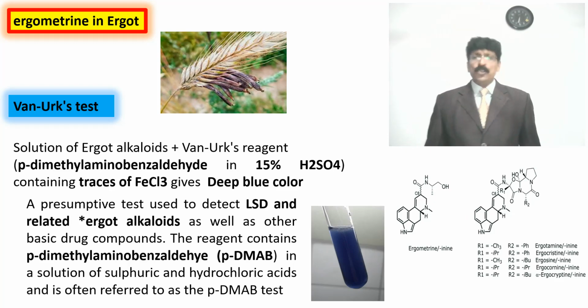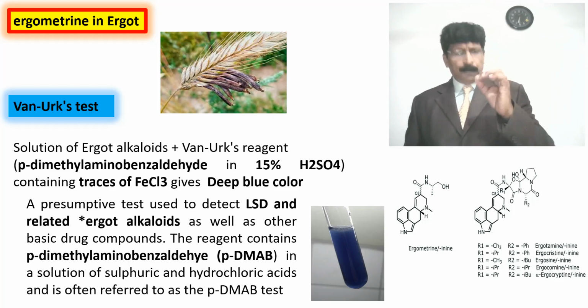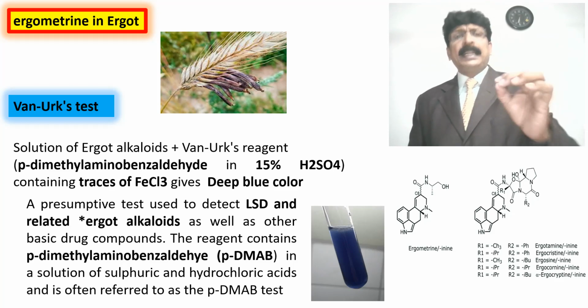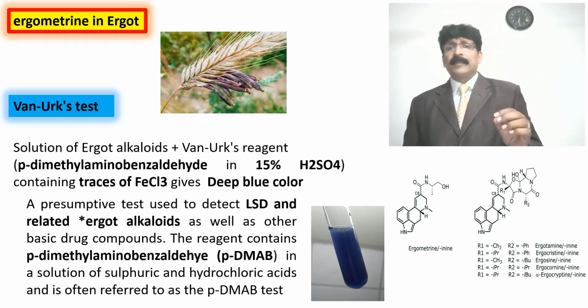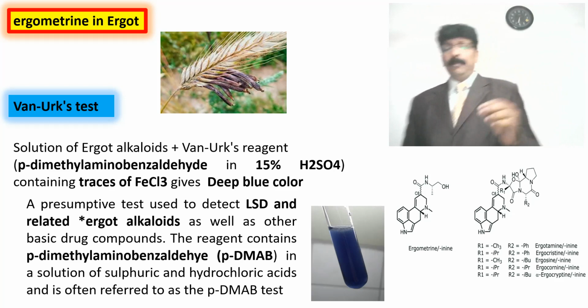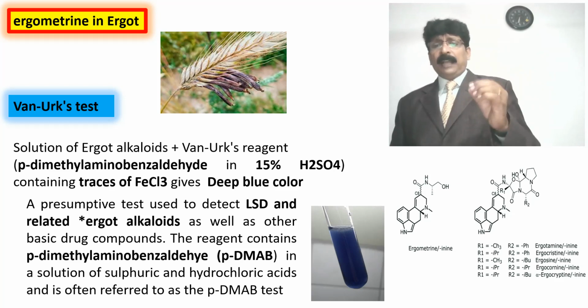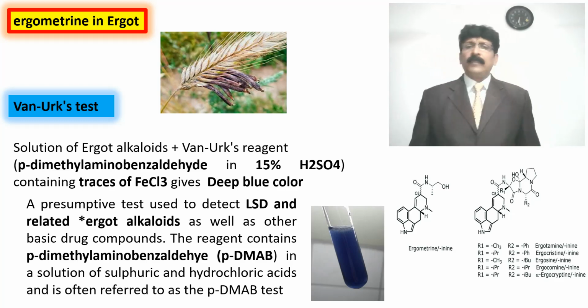You should know that lysergic acid, LSD, is related to ergot alkaloids, and this primitive test was used to detect LSD, lysergic acid, which is a more active nervous stimulant, related to ergot alkaloids as well as the drug compounds.